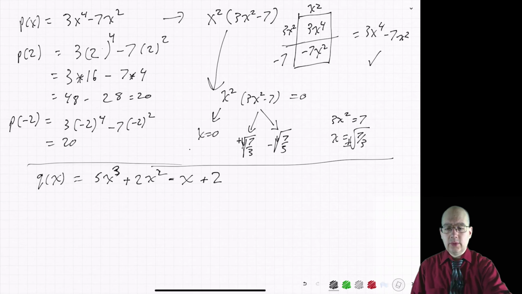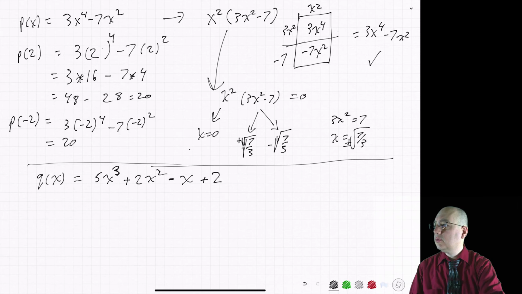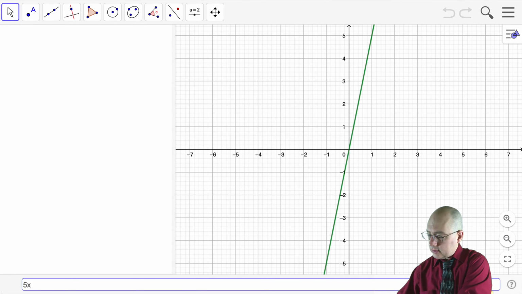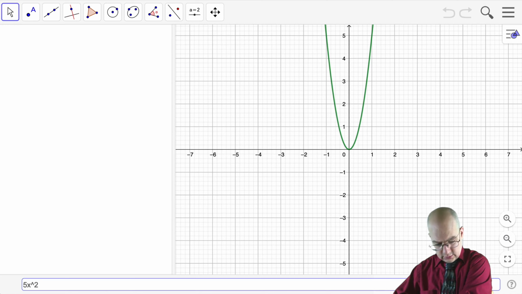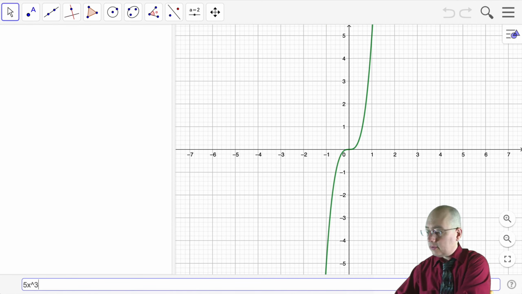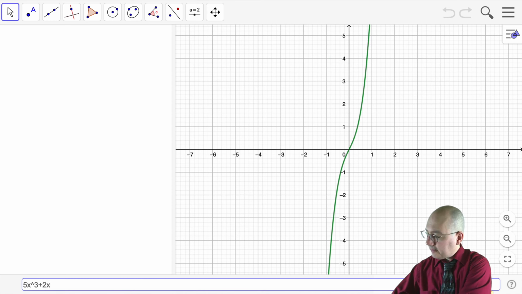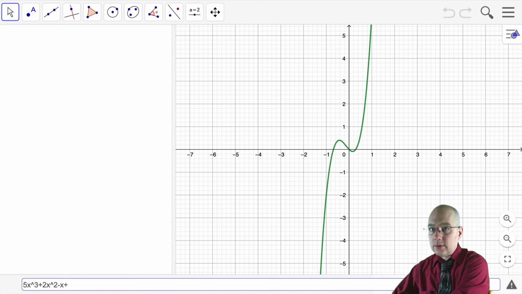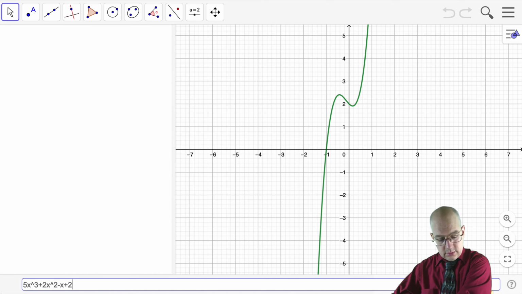Let me just show you GeoGebra's version of what one could do with this. So we can write 5x cubed. And notice as you type it out in GeoGebra, it starts to graph it. I find it kind of annoying, but I'm sure there are people who enjoy that. And there we go.